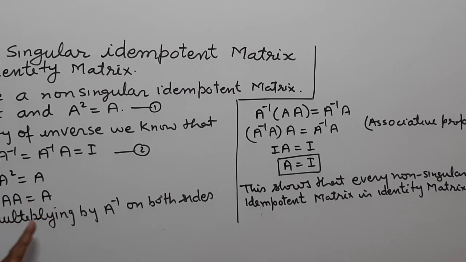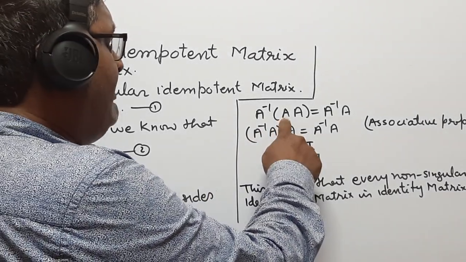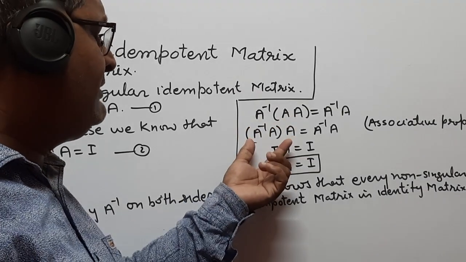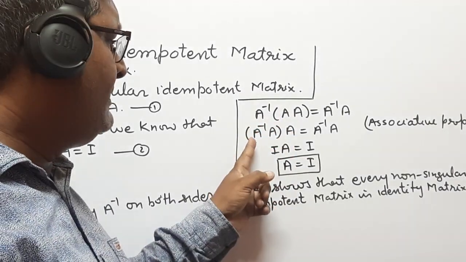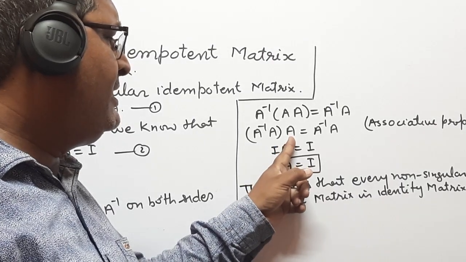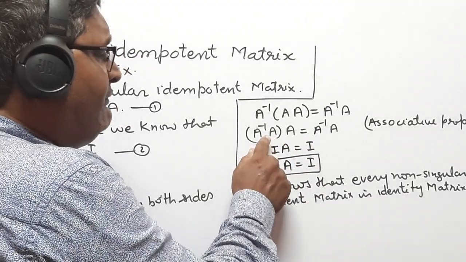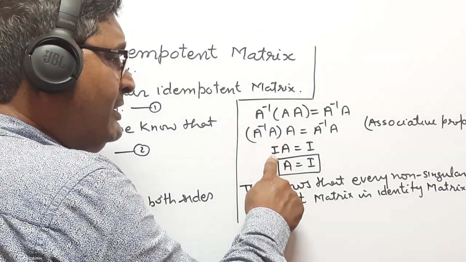Now pre-multiplying by A inverse on both sides, we can write A inverse multiplied by A A is equal to A inverse A. Here on the left hand side we use the associative property, so this can be taken as A inverse A multiplied by A is equal to A inverse A. And by the definition of inverse, A inverse A is equal to the identity matrix.